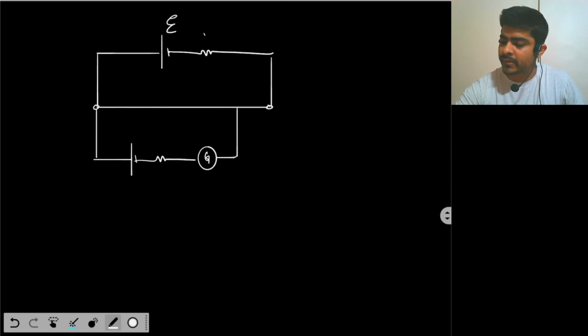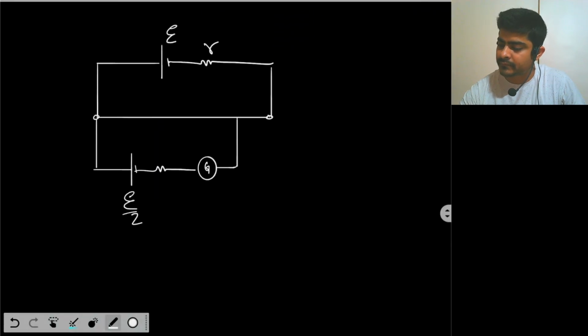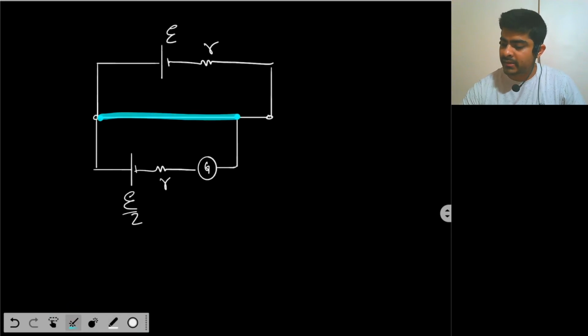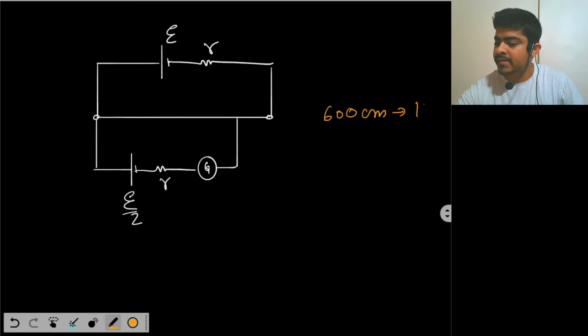So this is my circuit drawn again. This is your EMF E, this is resistance R, this is E by 2, and the resistance over here is again R. And this length is 560 centimeter. So what is the resistance of this length? For 600 centimeter, resistance is 15R for the entire wire.